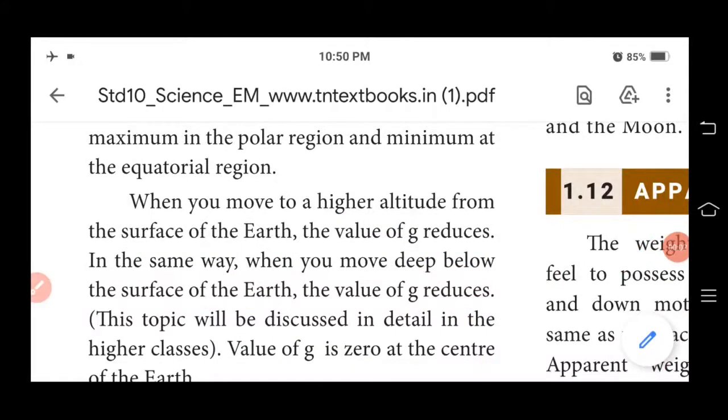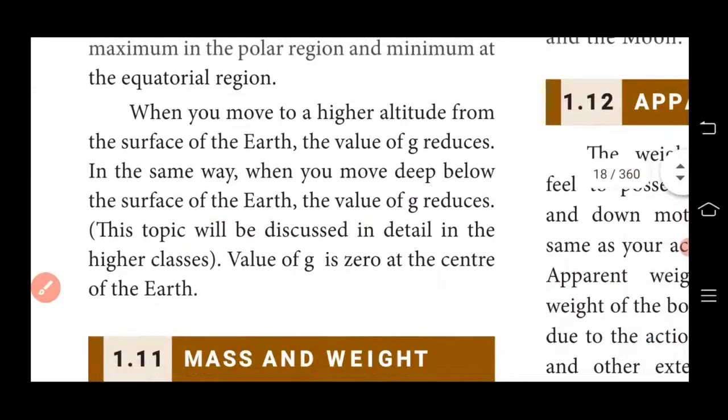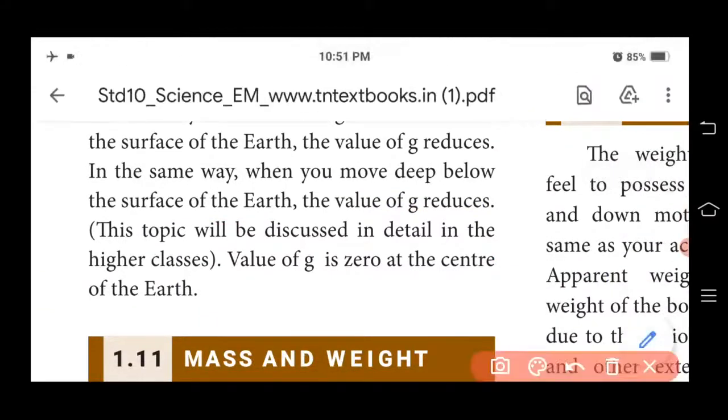At the same time, when you move deep below the surface of the earth, the value of g reduces, and the value of g is 0 at the center of the earth. So there are 4 conditions.